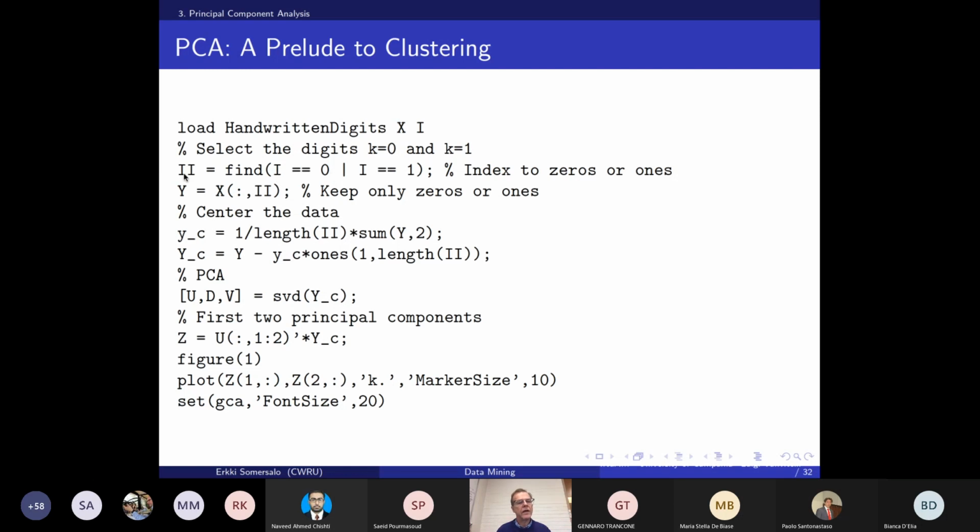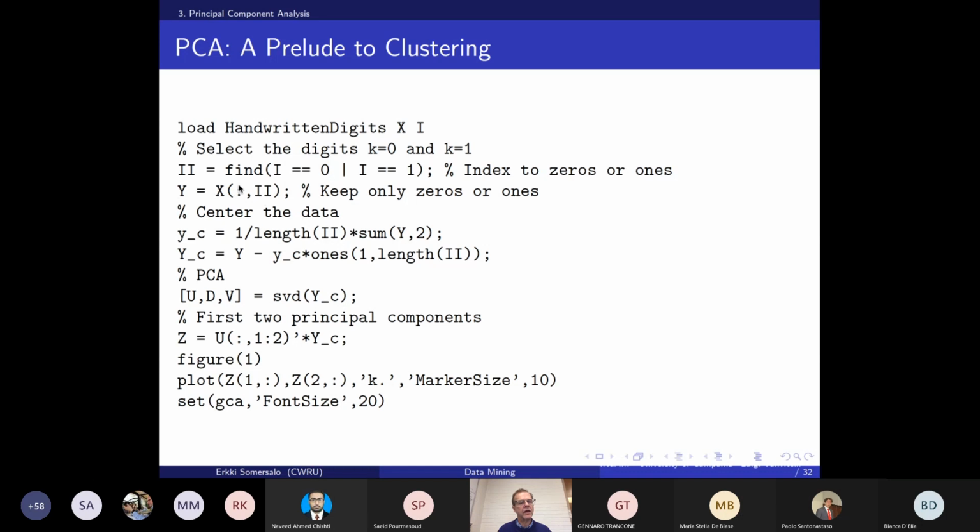So I'm taking the index vector II, which contains the indices where the annotation is either 0 or 1. So I'm keeping pointers to the data vectors which represent either zeros or ones. And then I'm taking my full data X, and I'm keeping only those columns which correspond to zeros or ones.